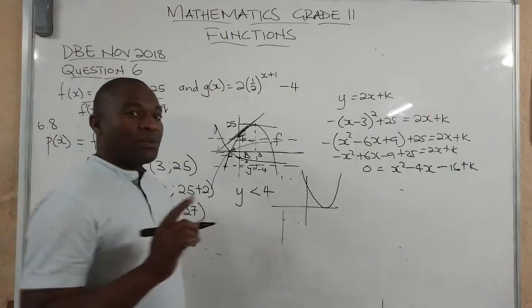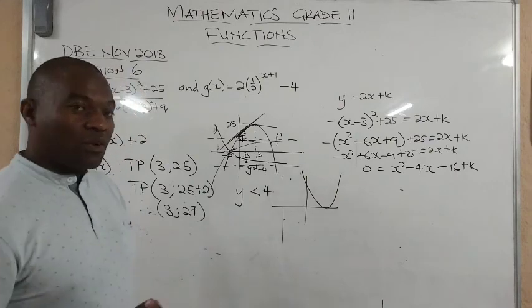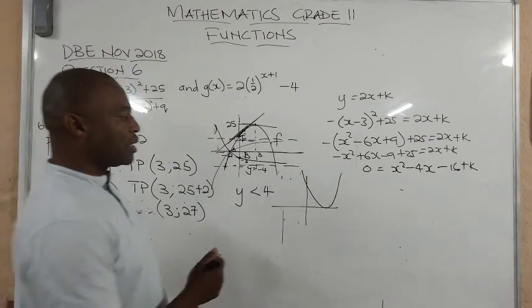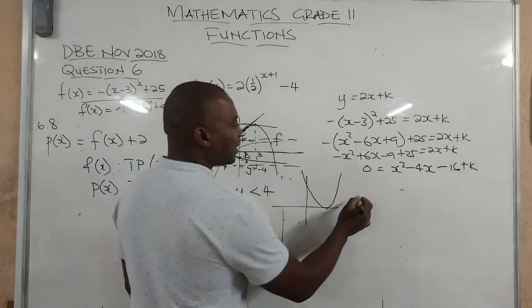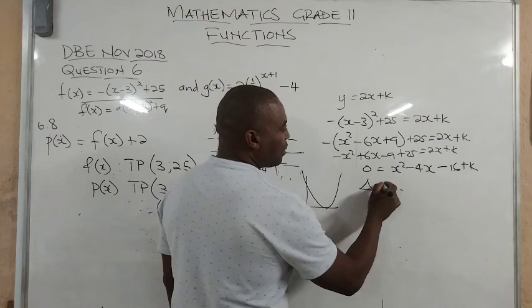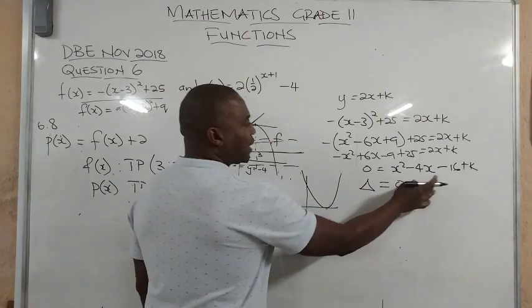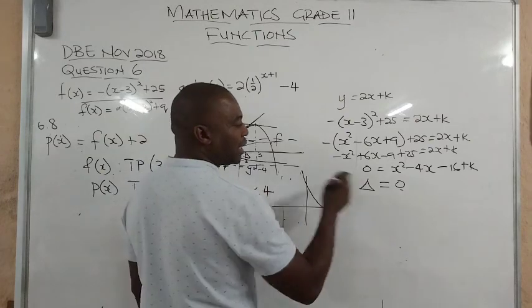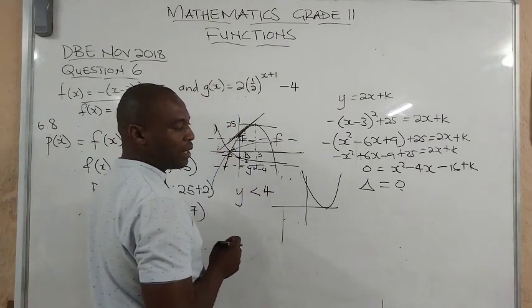So now, we translate that to the nature of roots. We know that if we have equal roots, the discriminant or delta will be equal to 0. So that's how we are going to formulate an equation for which we are going to find k.